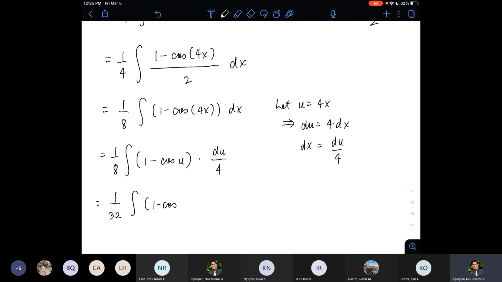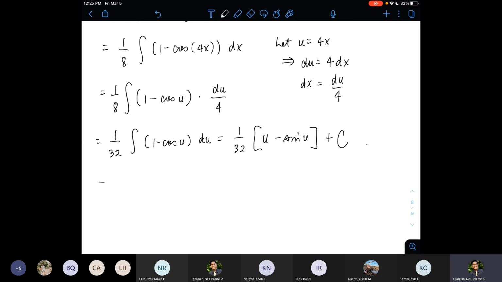Integral of 1 minus cosine u du, which is essentially u minus sine u plus the arbitrary constant c. And all that remains is to revert to the original variable. u is 4x, so we get 4x minus sine of 4x plus the arbitrary constant c.